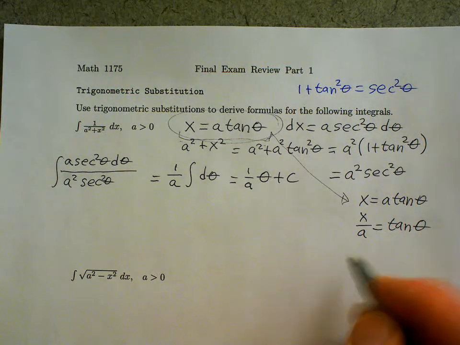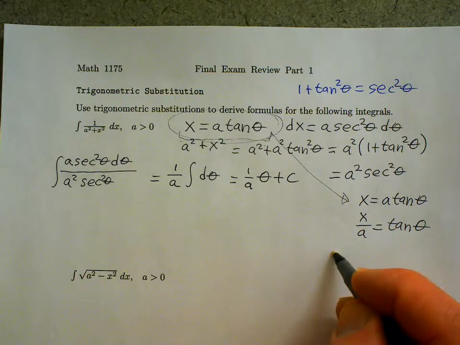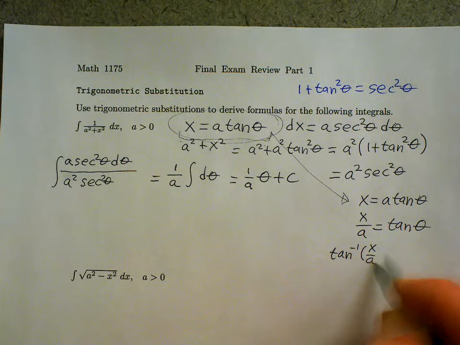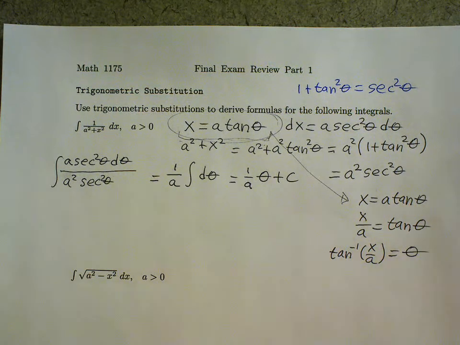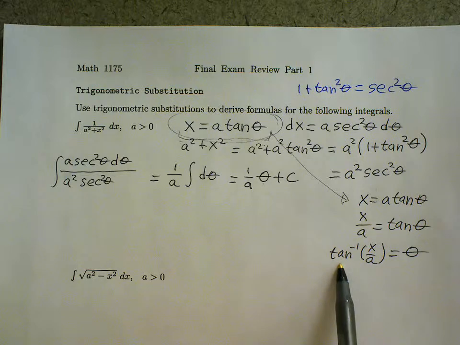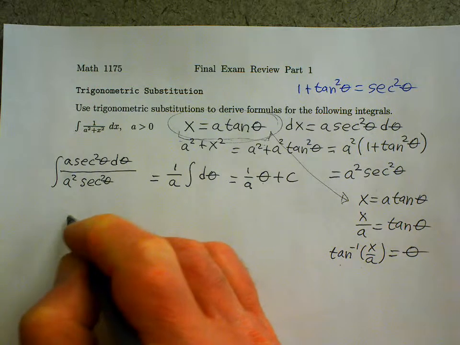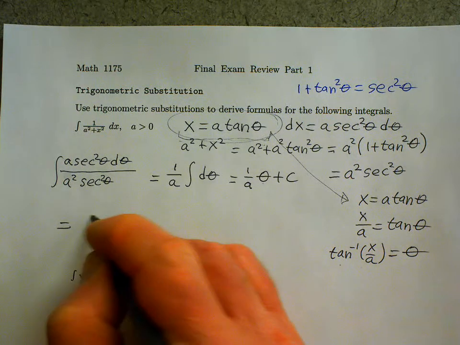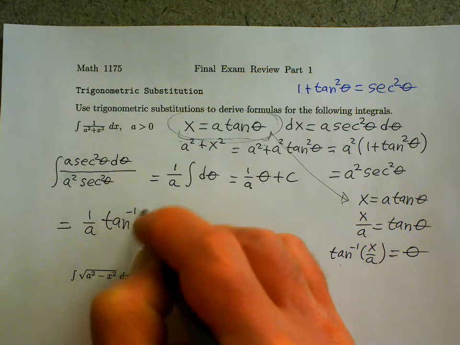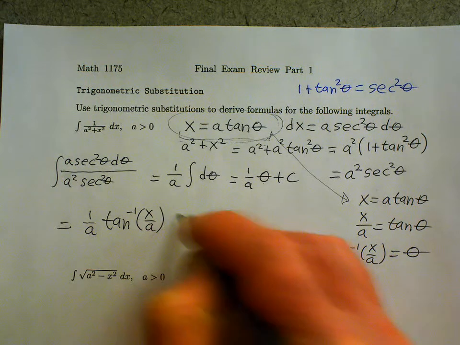And then the inverse tangent of x over a equals theta. So that's all we have to do now, replace theta with inverse tangent of x over a. And our answer is 1 over a times inverse tangent of x over a plus constant.